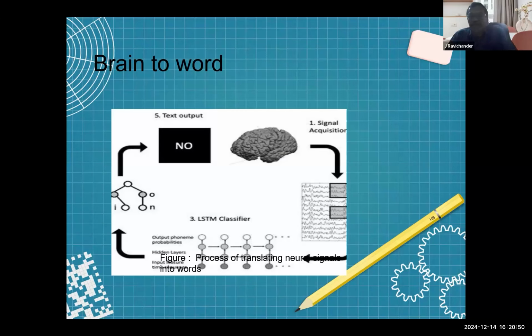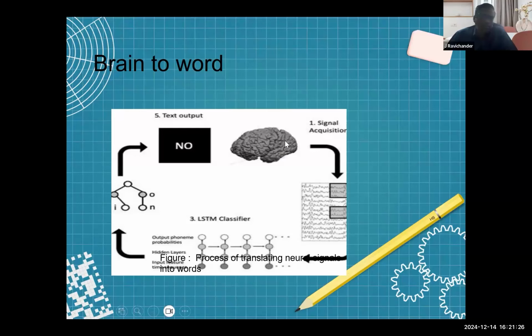Brain signals can be translated into words by using natural language processing techniques. Here I am not talking much about natural language processing, but about how we can use BCI in natural language processing applications. This review paper was published by IGI Global Publishers. Along with my BTech UGR students, we have published one paper on this concept.